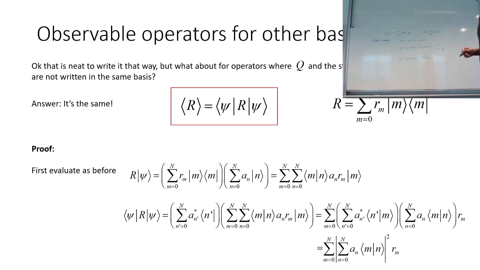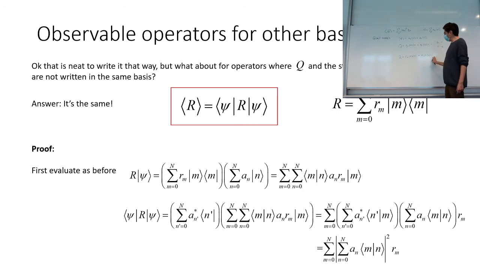And this observable basically says: please measure the system in the plus minus basis, and when you get plus, give it a value R0. If you get minus, give it a value R1. Okay. That's basically what this one says. So Q and R are different because you have to do a different physical measurement. You have to measure in a different basis.